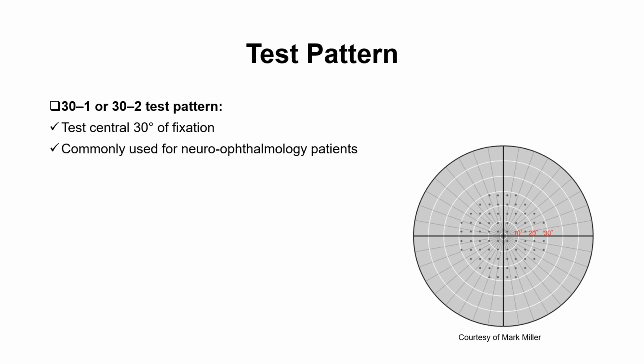It's very commonly used in neuro-ophthalmology clinics or for any neurological complaints, because it's testing a wider peripheral field compared to the 24-2. And as we said previously, the Humphrey visual field tests the central 30 degrees of fixation, in contrast to the Goldmann visual field, which would extend beyond the 30 degrees, reaching the peripheral field.